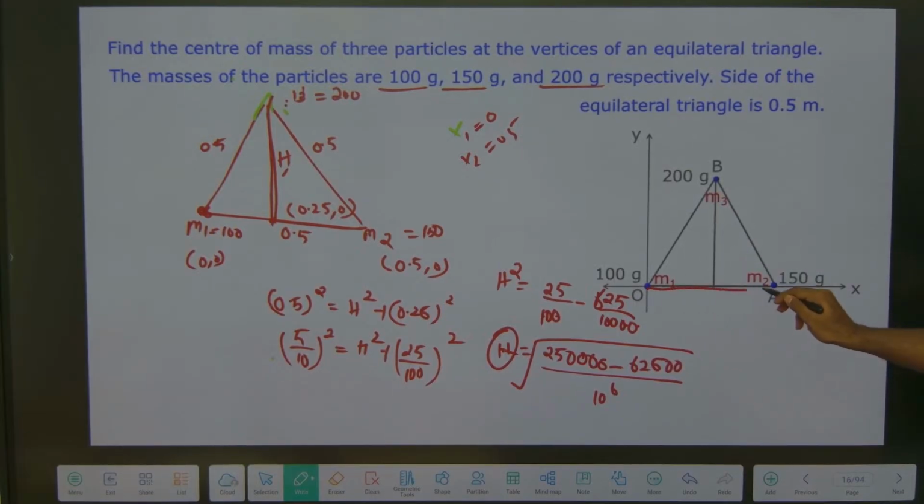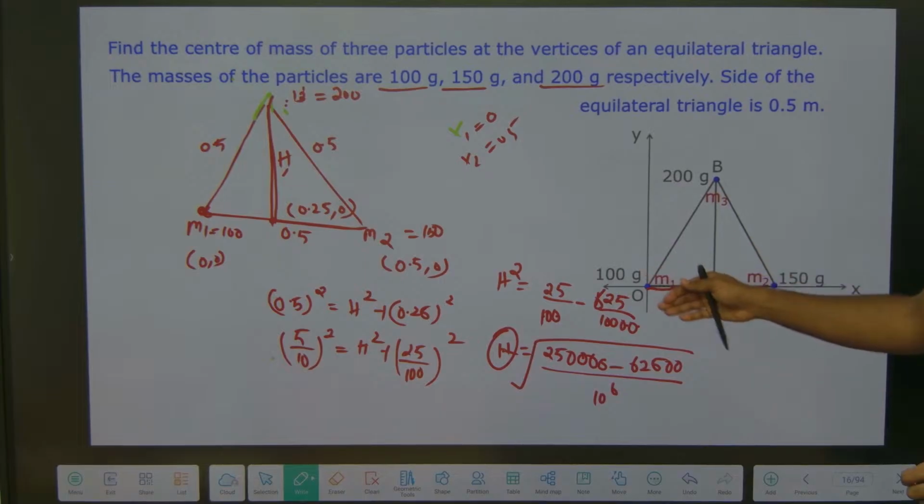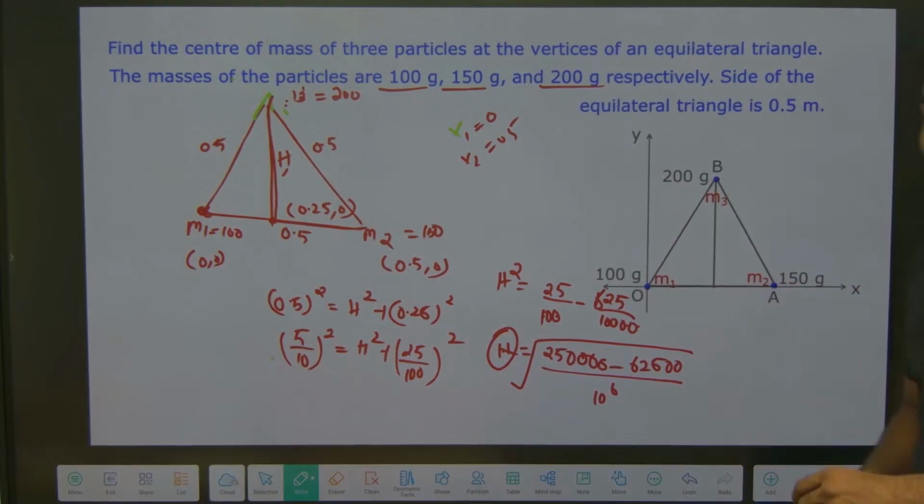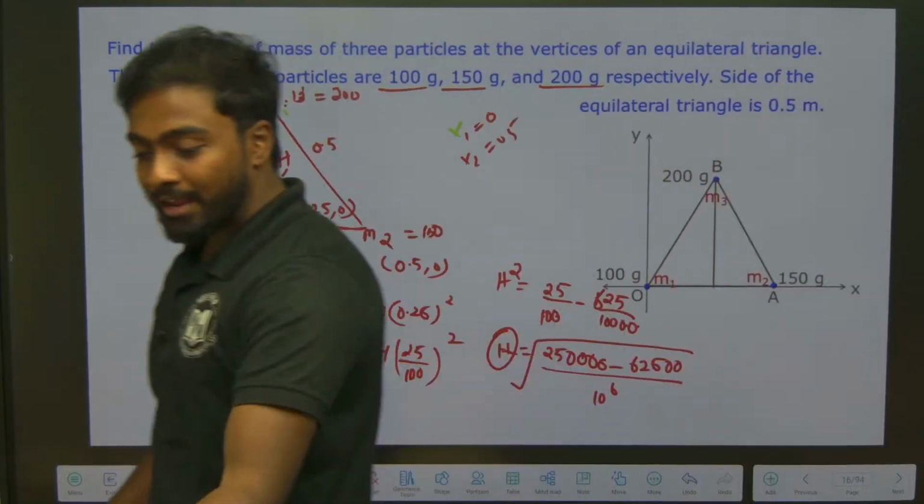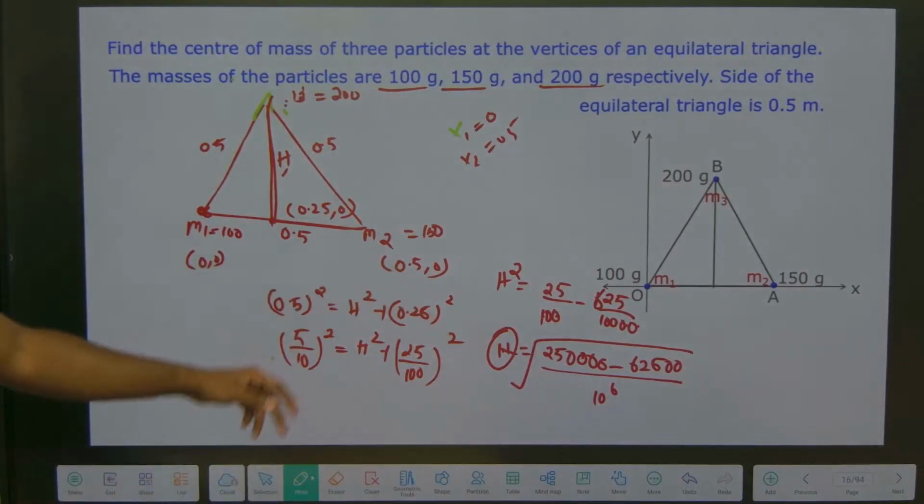I am increasing the distance, 0, 0.5, x, y. Got it? Write it. Change that one. You have taken y, 0, it is x, 0. Okay?